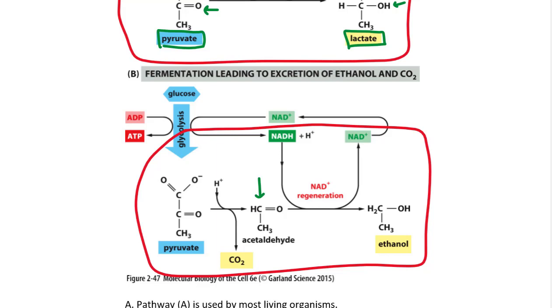You can see the reduction. You have a double bonded oxygen here, and this is an OH group now. So acetaldehyde is reduced to ethanol. And that reduction is reciprocated by the oxidation of NADH to NAD+. The NAD+ pool is reconstituted in that way, and you get ethanol. And of course, CO2.